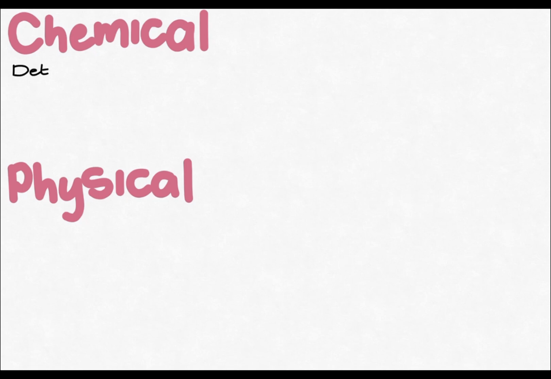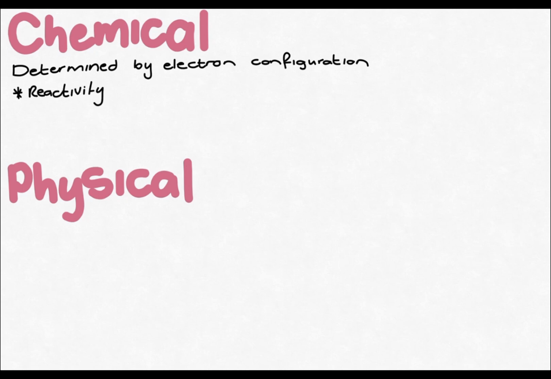Lastly, we'll have a look at chemical and physical characteristics of elements. Now, chemical characteristics are determined by the electronic configuration, so the way my electrons are situated around my nucleus. This determines the reactivity as well as the pH. Now, different atoms have different electronic configurations, meaning that they will have different chemical properties.